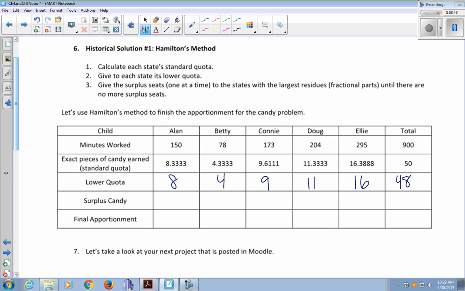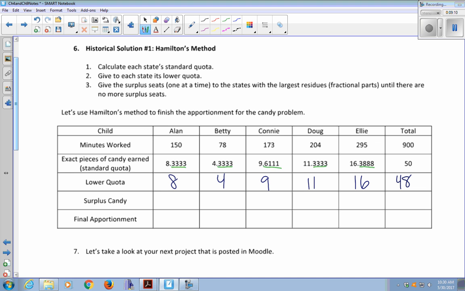Who was closest to getting another 18 minutes of work done? Alan has 0.3, Betty 0.3, Connie 0.6. She's closer to getting a 10th piece of candy than Betty or Alan are to getting an extra piece. Doug 0.3 and Ellie 0.388.